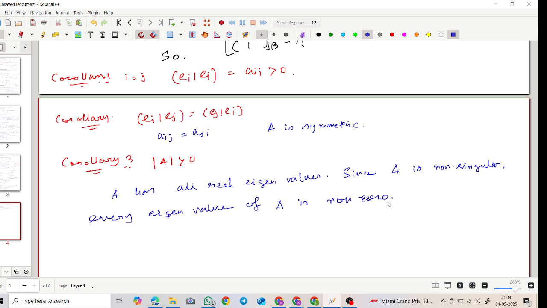I mean, non-zero, is that clear? A non-singular matrix cannot have 0 as an eigenvalue. So say lambda 1 to lambda n are eigenvalues of A.